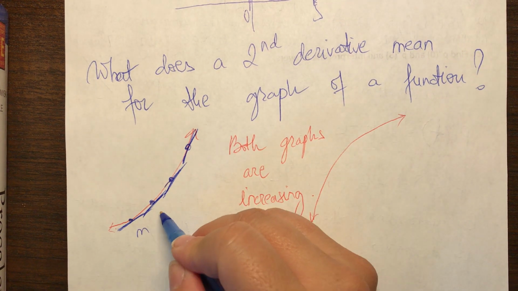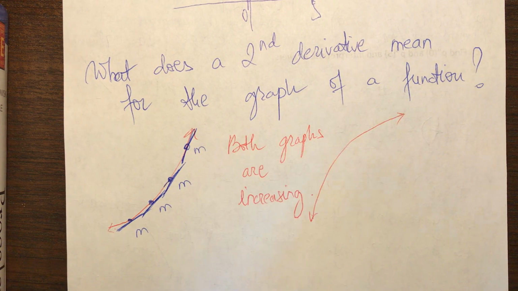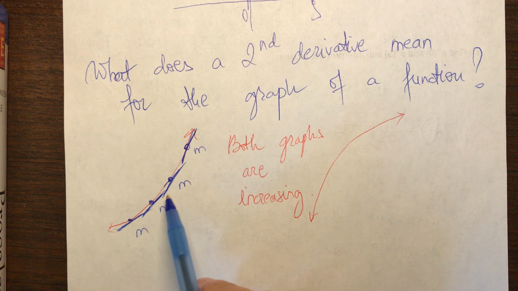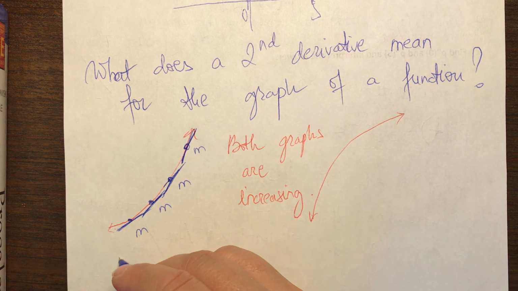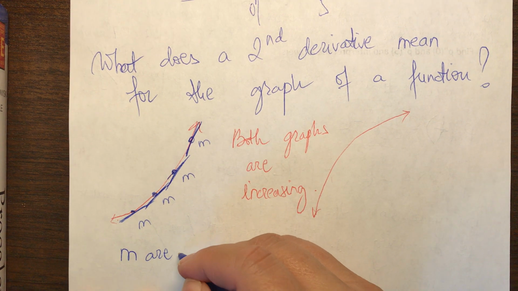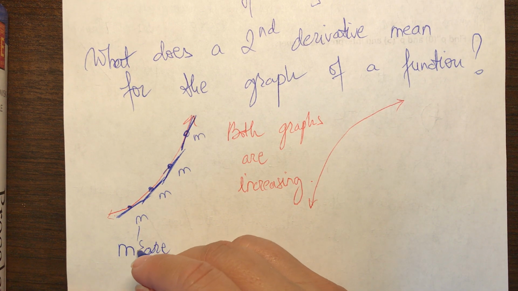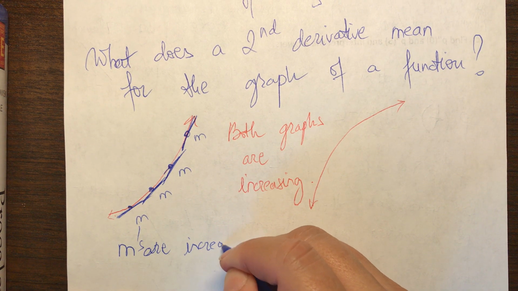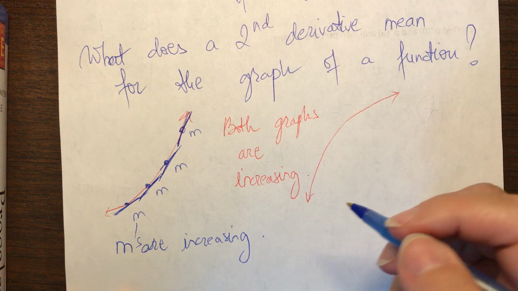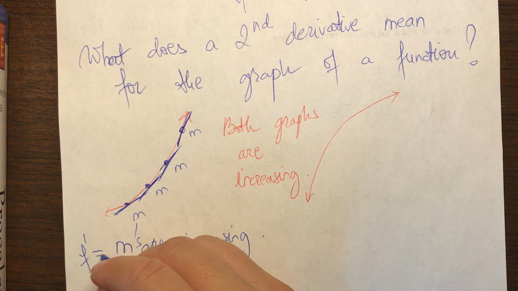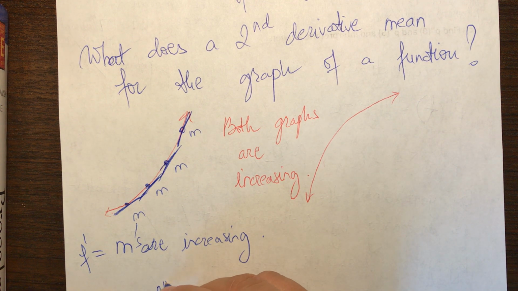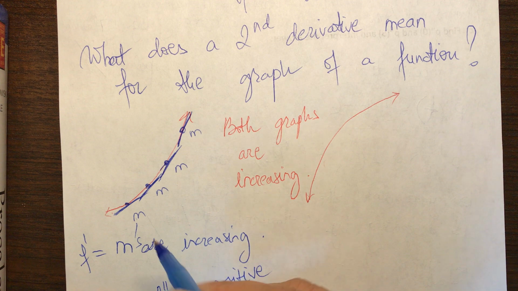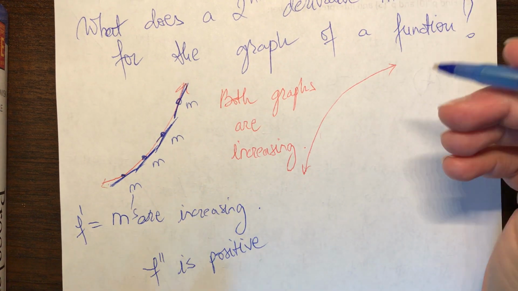What do you think will happen to these numbers? Because these tangent lines are getting steeper and steeper, the slopes are increasing as well. Because the slopes are increasing, the first derivative is increasing. So if the first derivative is increasing, that simply means that the second derivative is going to be positive, because you keep getting positive rates of change into the rate of change.